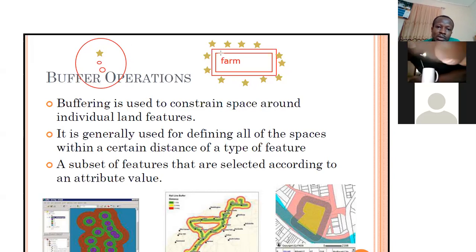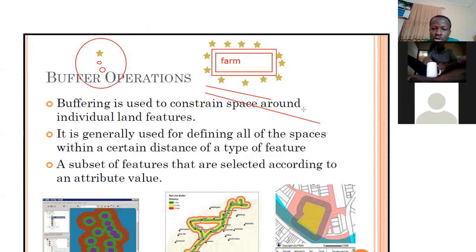And then this one is called the polygonal buffer. Then you can have a line buffer. So if you have a line going like that, you can constrain the space around the line by drawing parallel lines like that. Then you can cap it with a semicircle like that.